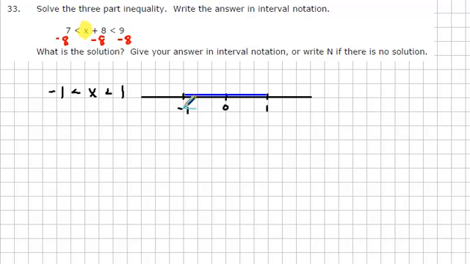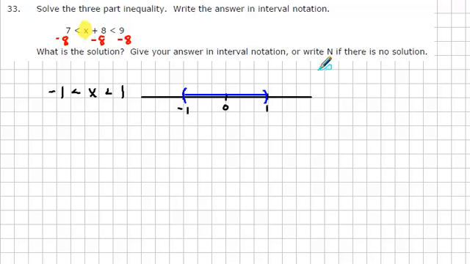Okay, to indicate that negative 1 and 1 are not included, what we do is we use parentheses. So we put parentheses at negative 1 and parentheses at positive 1.